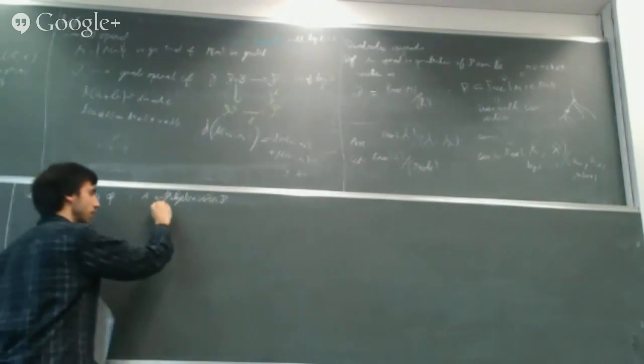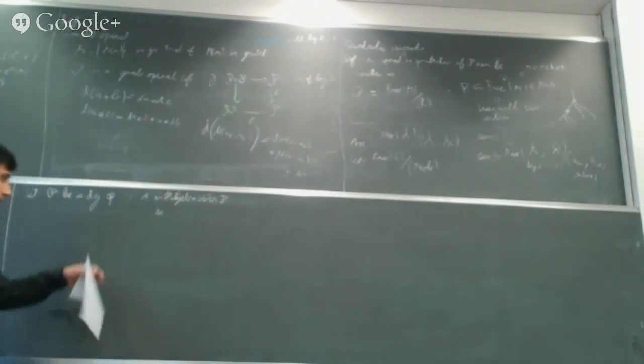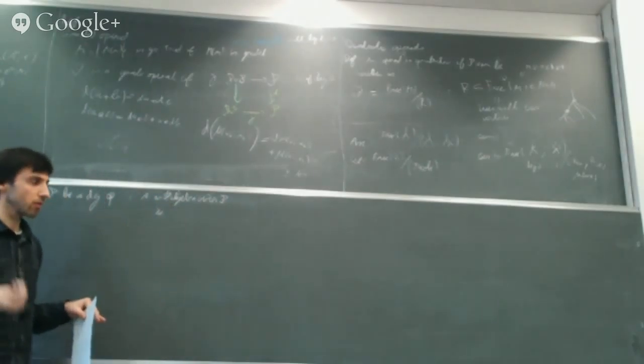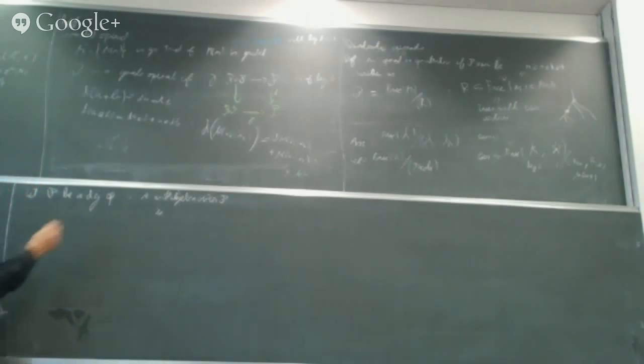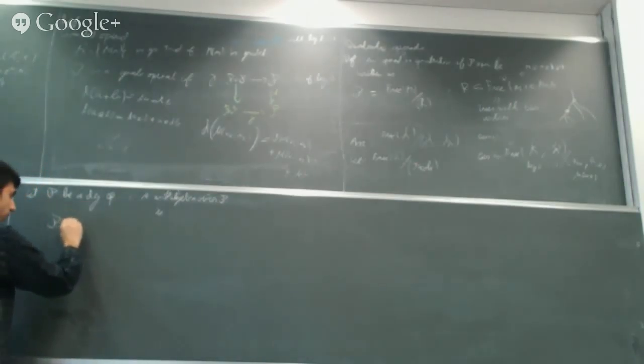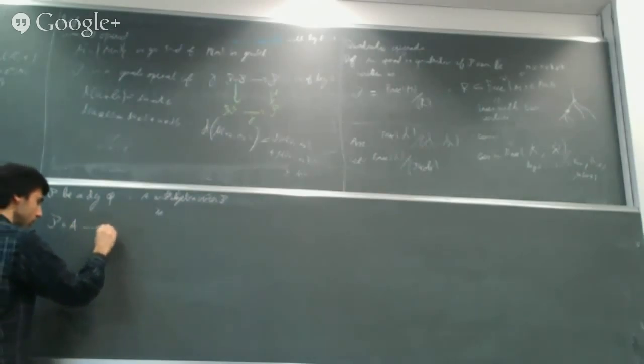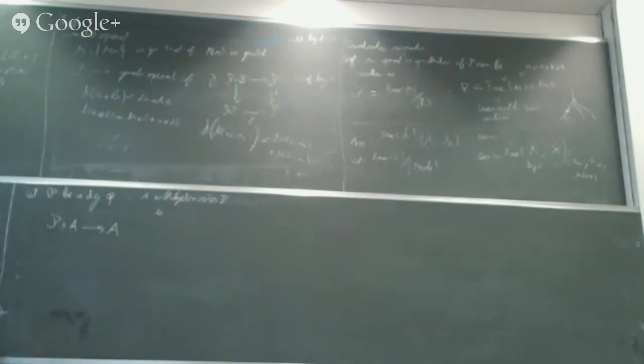This is the same definition, but when you have this multiplication map gamma of A, it should also commute with this differential. So what does this mean? This means that there is a map from this to this, and this map should, in particular, commute with the differentials on both sides.